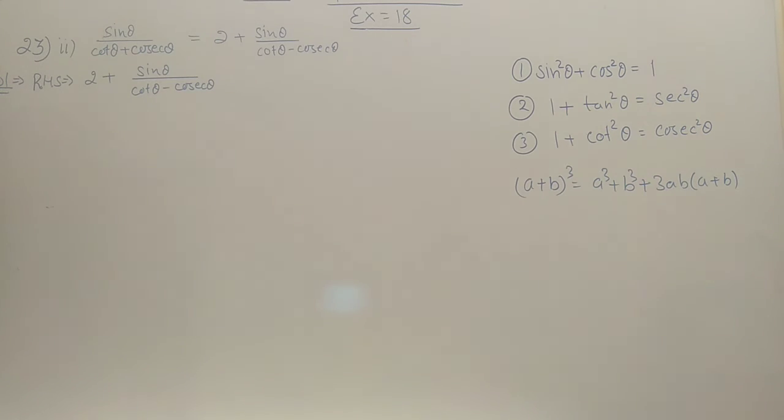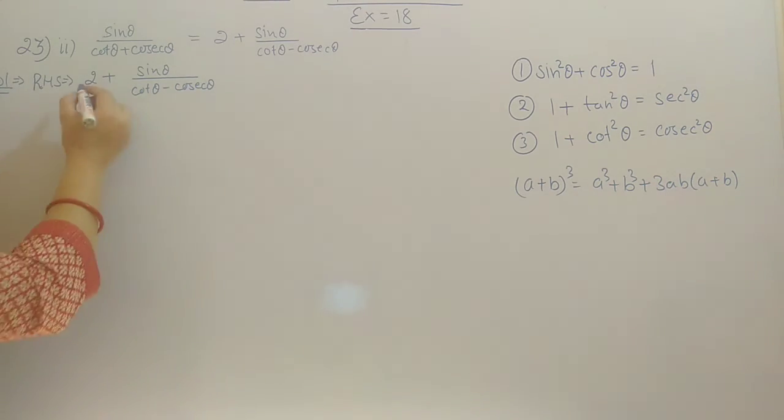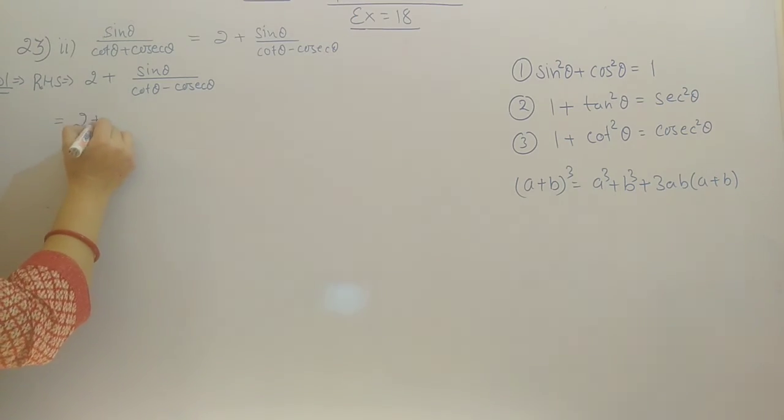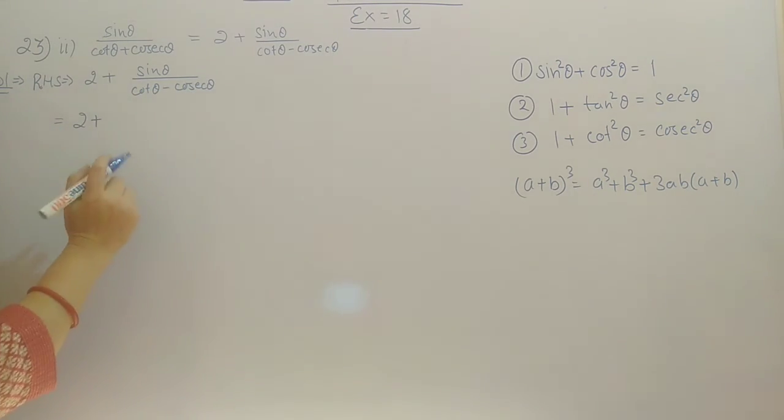23 second part: sin theta by cot theta plus cosec theta is equal to 2 plus sin theta by cot theta minus cosec theta. In this question, this right side is a little bit big, so we will take the right side. Always try to take the bigger side, then it will be easy to prove. So here we have taken the right side. In this right side, first cot and cosec I am going to change.